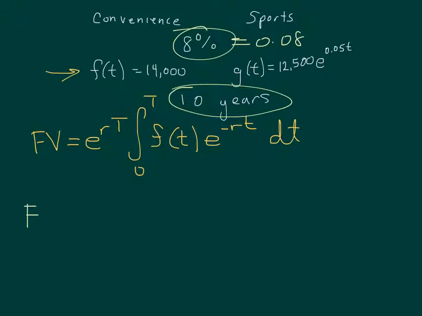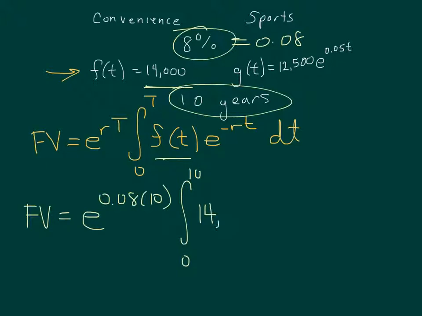So for the convenience store, the future value is e to the 0.08 times 10, that's my R and big T, from 0 to 10, where I see f of t, I plug in my function, which is 14,000, and then I follow it up with the e to the minus r t.